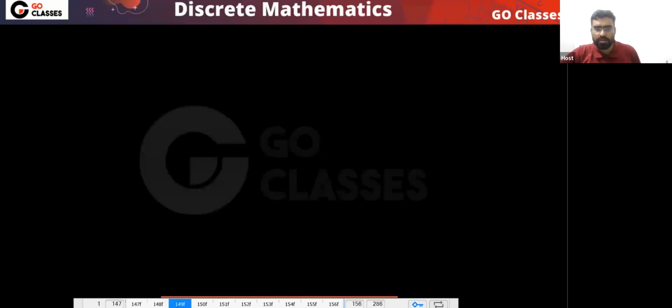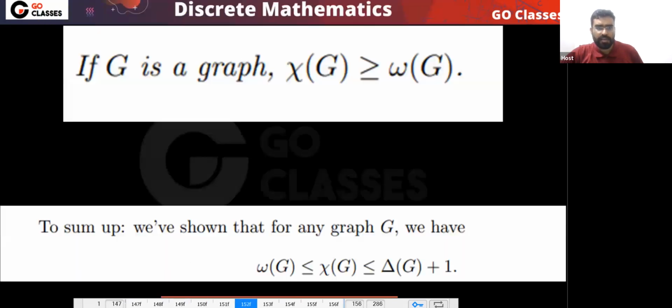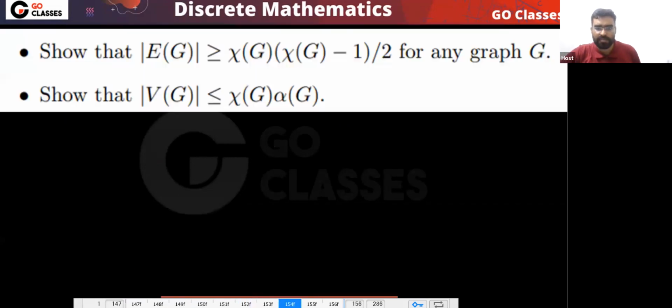If G is a graph, then chromatic number will definitely be greater than equal to clique number. So the chromatic number will be between clique number and maximum degree plus 1.